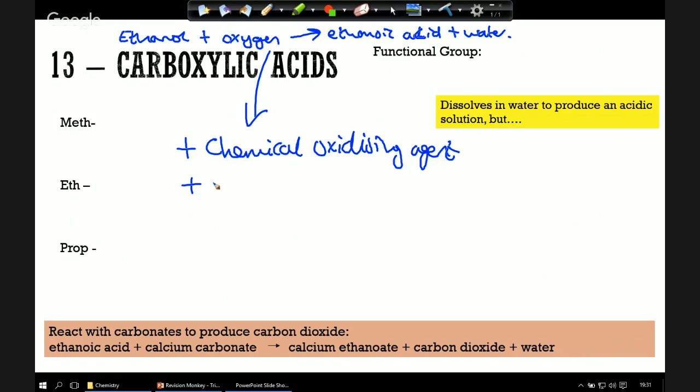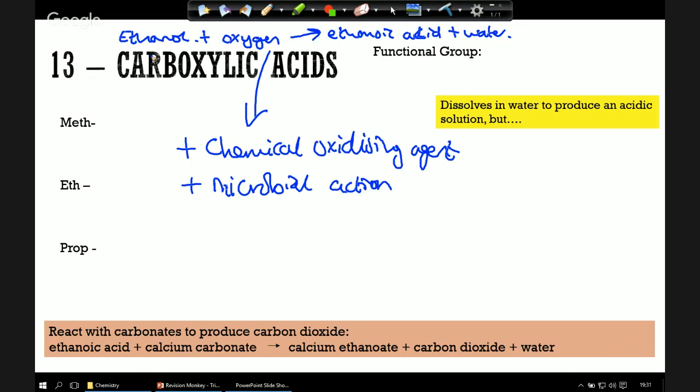Or we could use microbial action, whereby microbes will react and microbes will provide the oxygen through fermentation. Okay, so this is kind of a fermentation reaction. So there's two ways you can do it, either by adding a chemical, or microbes in the air perhaps can get into the ethanol and produce this carboxylic acid.